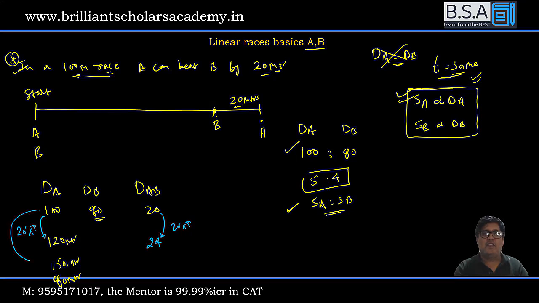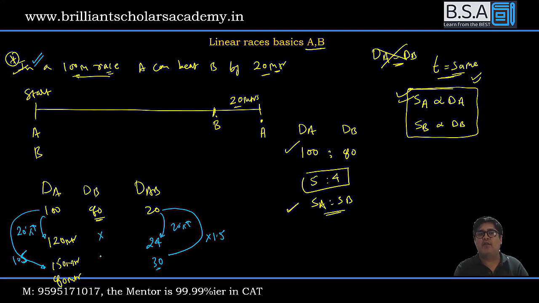Do you see this is 1.5 times? So the defeating gap will also become 1.5 times. What is 1.5 times of this? 30. So if this sentence is given to you and you change the race length, this will also change in proportion.